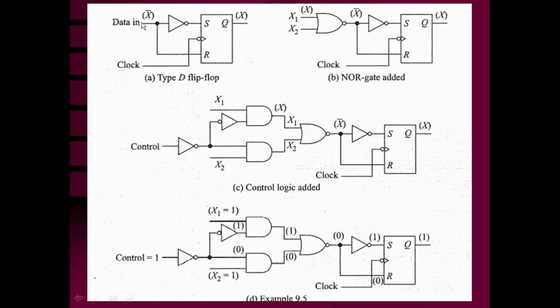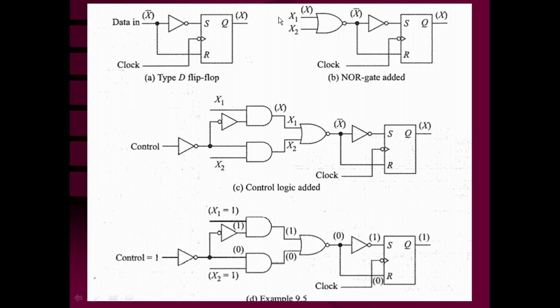Now prior to this data input, a NOR gate is introduced. The NOR gate has two inputs, X1 and X2. So X1 and X2 mean there are two different ways data can be entered into the shift register, and hence you can enter the data in a serial fashion or a parallel fashion.